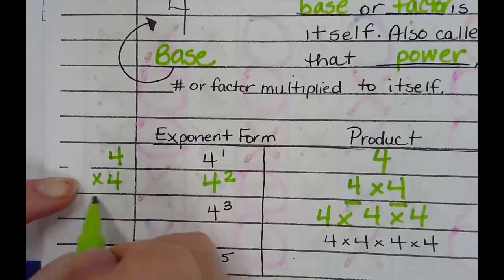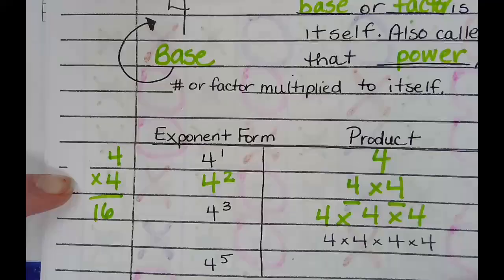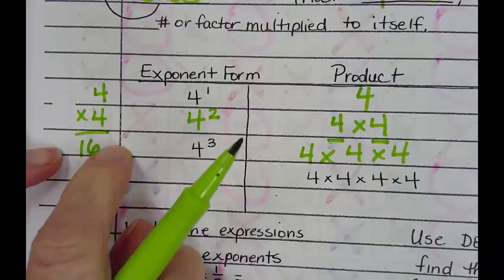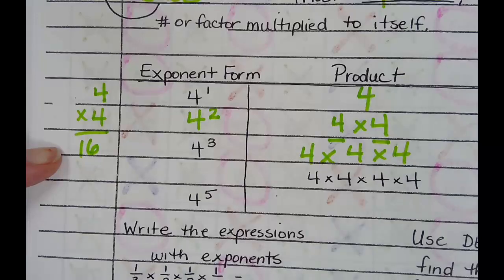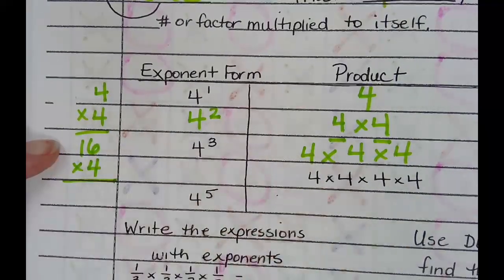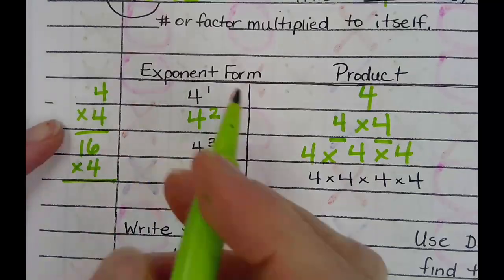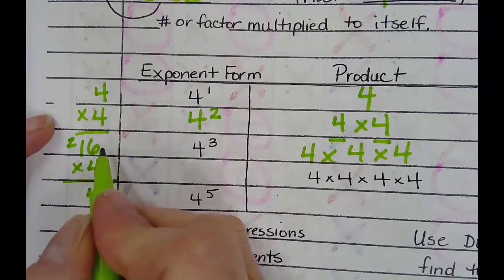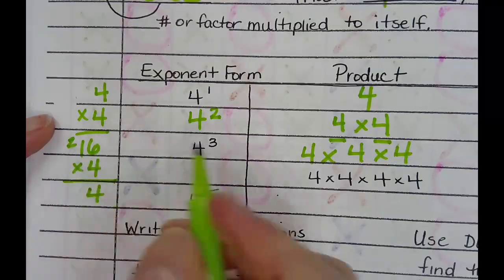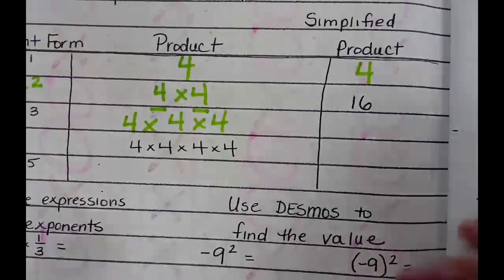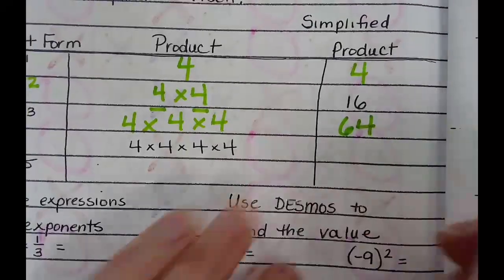If I have two 4s, I know that's 16. Now I need to figure out what three 4s would be. If this is 2, how would I get that? I do 16 times 4. So I'm just going to take that answer and multiply it by 4. And you do get 64 because 6 times 4 is 24. Carry the 2. 4 times 1 is 4 plus 2 is 6. So over here, I'm going to put the 64.